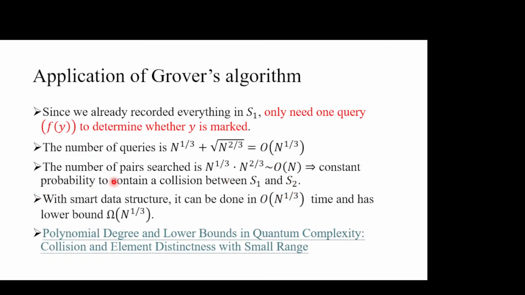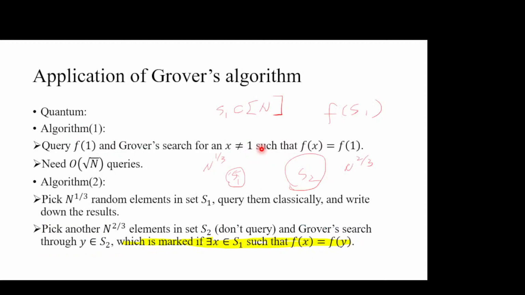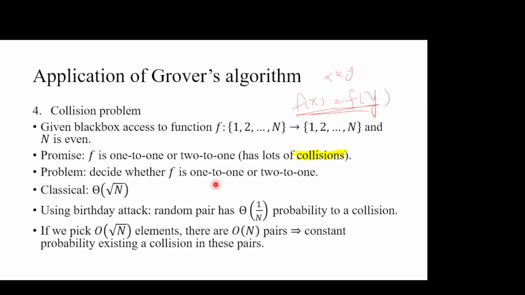So we can use order n to the 1/3 quantum queries to find a collision inside this function.